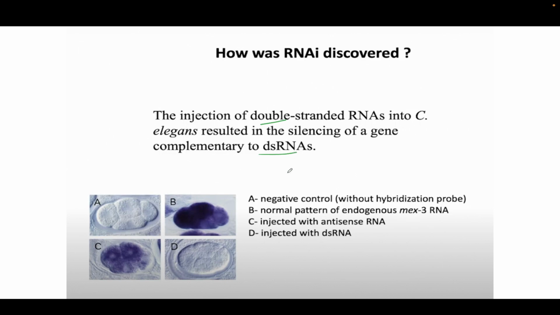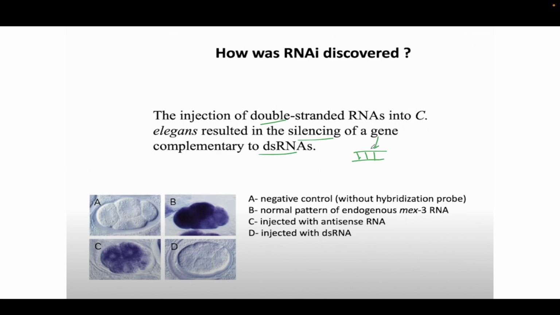And I think you know the mechanism of how this happened. Okay, because when a double-stranded RNA is incorporated into the cell of C. elegans, this double-stranded RNA will be complementary to the gene. Then it will form a double helical structure with the target gene.